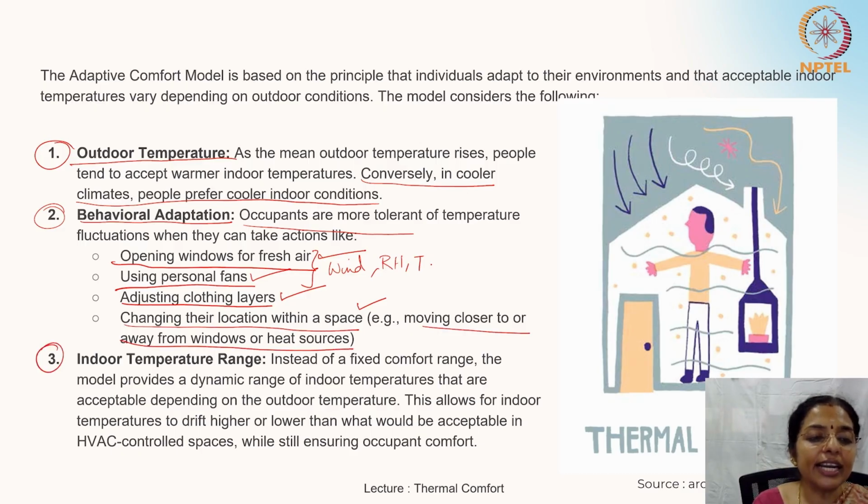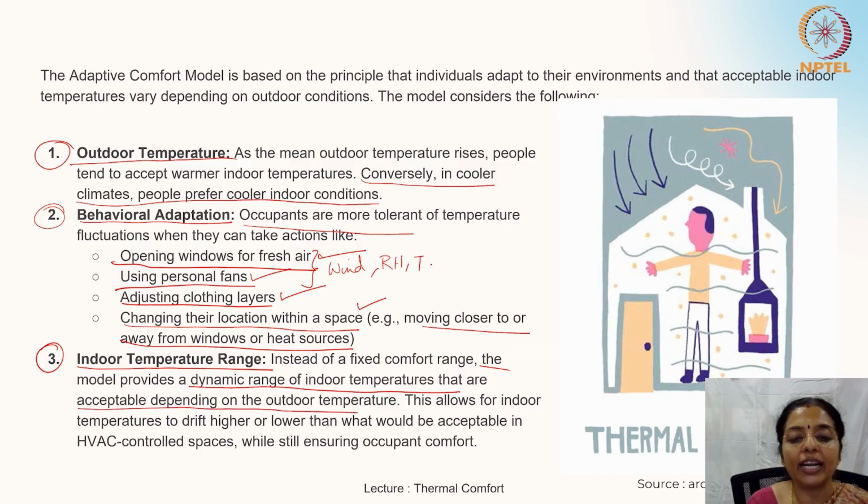Third is indoor temperature range. Instead of a fixed comfort range, this model provides a dynamic range of indoor temperatures that are acceptable depending on the outdoor temperature. So instead of saying comfort means only 26 degrees centigrade at 60% relative humidity at a wind speed of 1 meter per second, that is extremely rigid. So this is a very rigid way of approaching.